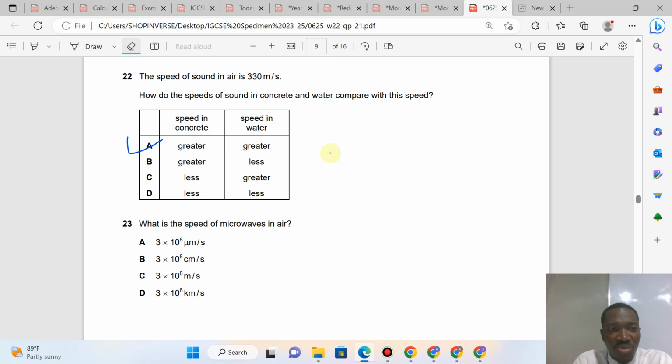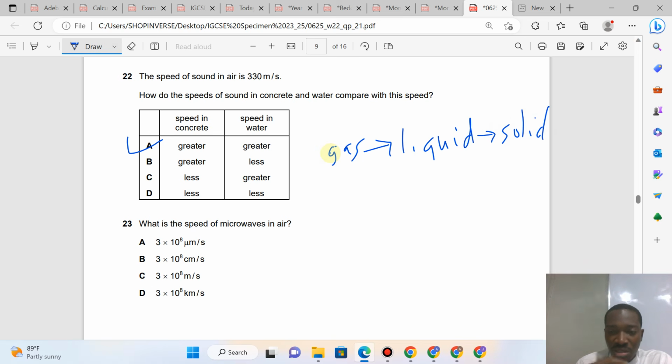Why? Because the speed of sound increases from gas to liquid, then to solid. Sound travels fastest in solids, followed by in liquid, followed by in gases. Example, the speed of sound in air is 330 meters per second.